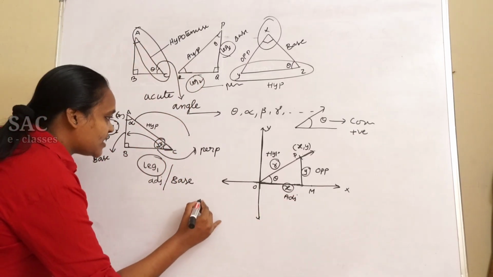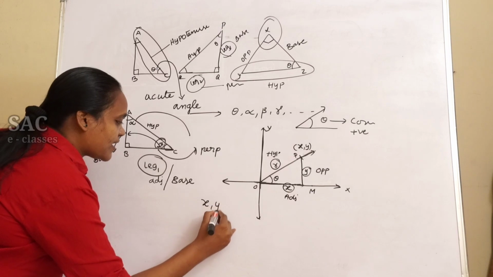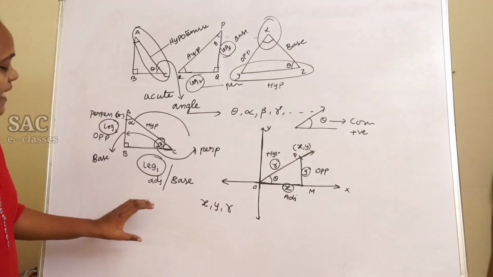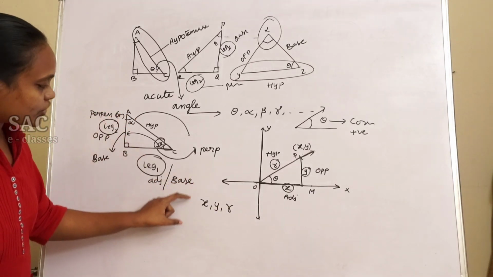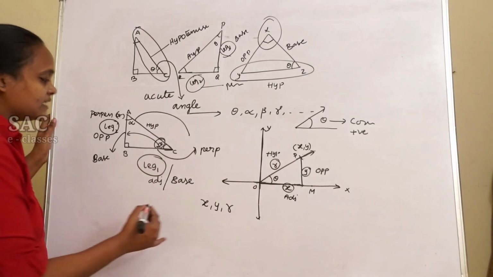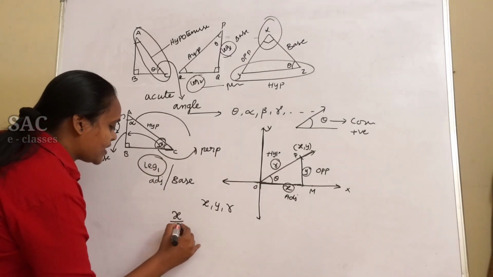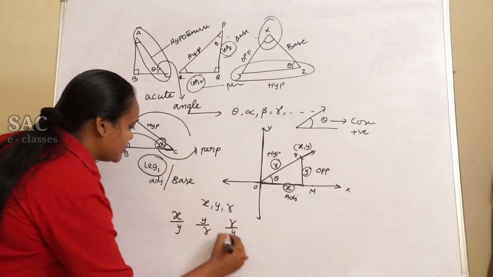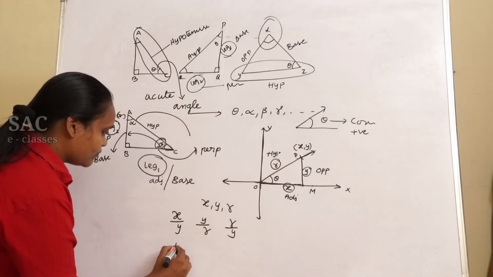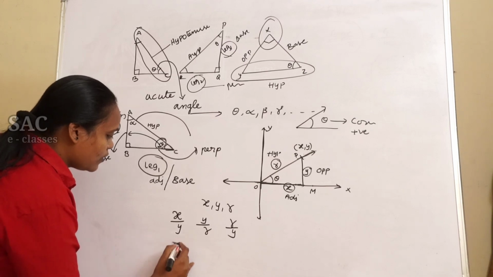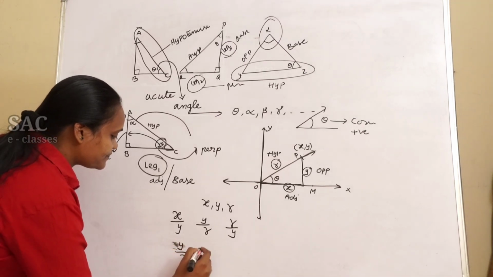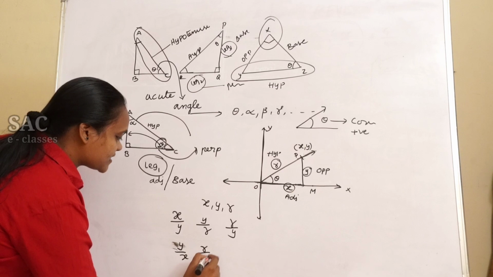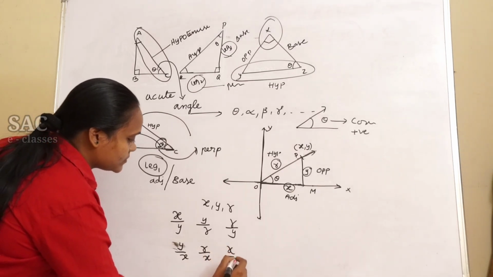Now what are the three measures there? x comma y comma r. Let me write the possible ratios with the x, y, r sides. Those are x by y, x by r, y by r, and so y by x, r by x, r by y.